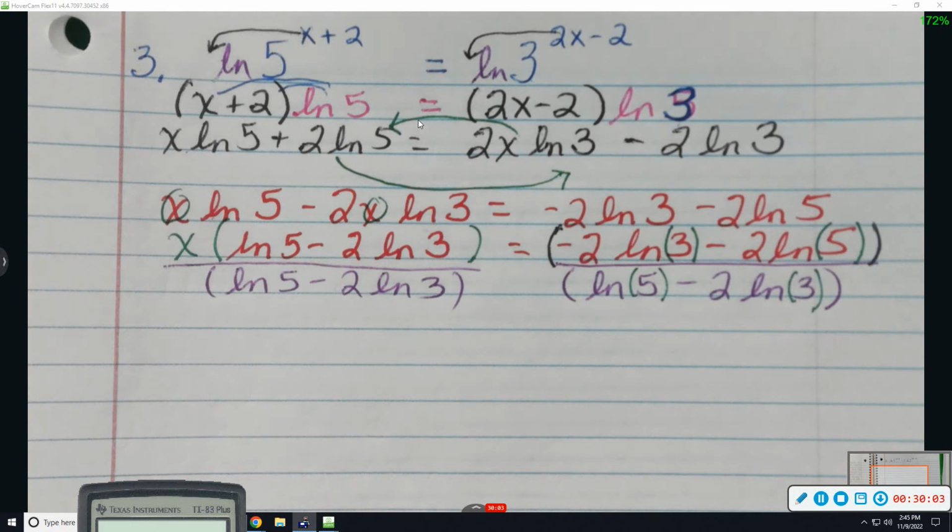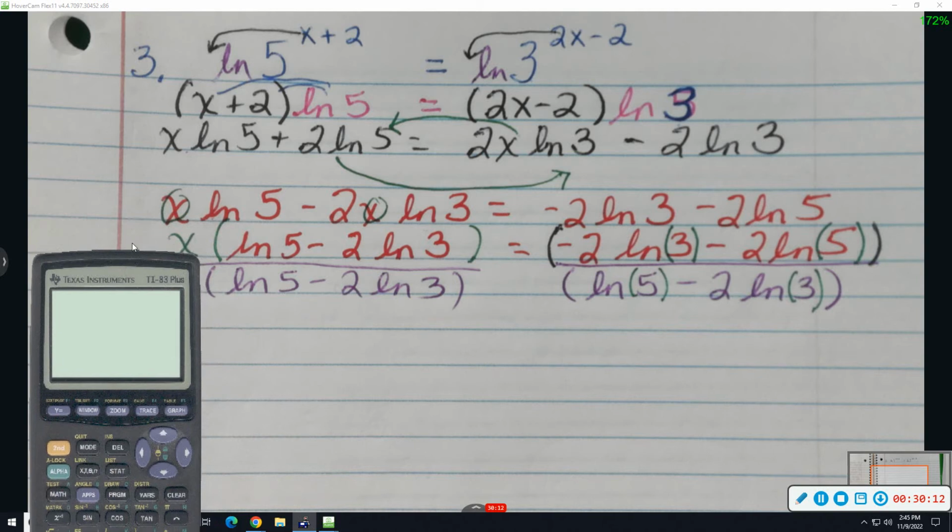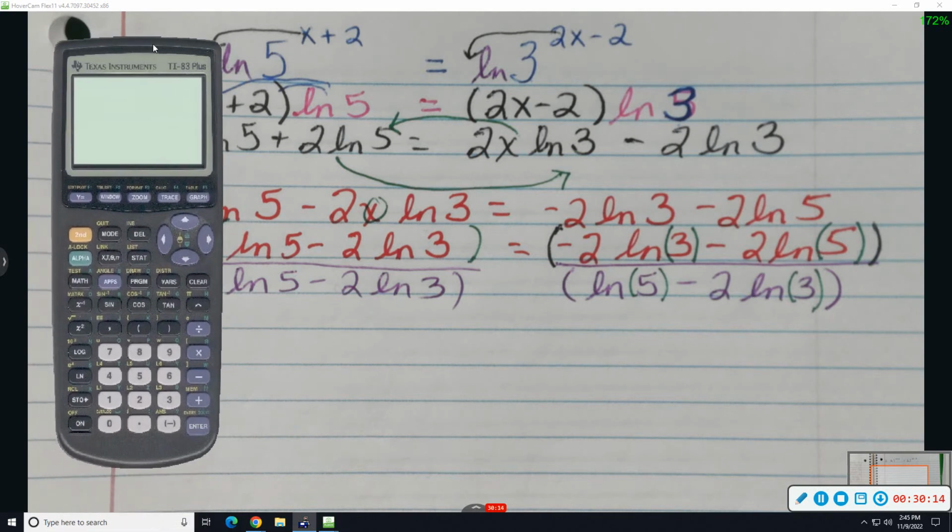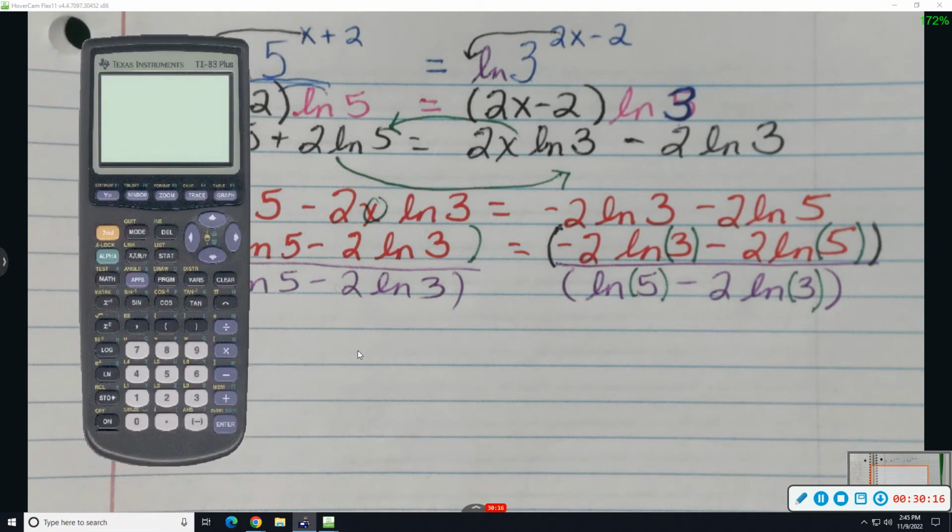My first graphing calculator that I bought way before y'all were born was a TI-85, and that calculator, it didn't open parentheses when you hit LN. Okay? I remember the first time I saw one of these, I was like, what the heck is this?